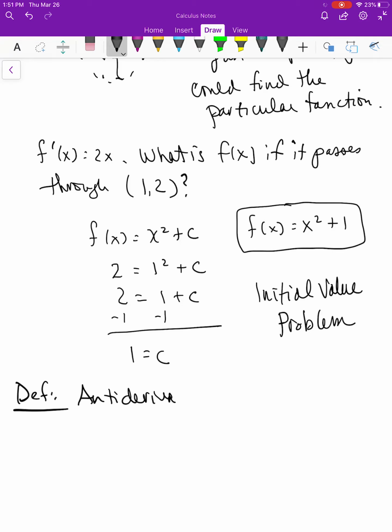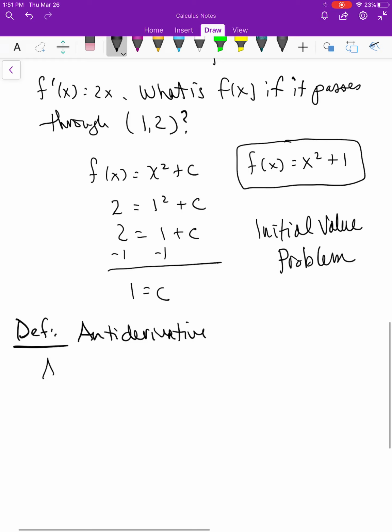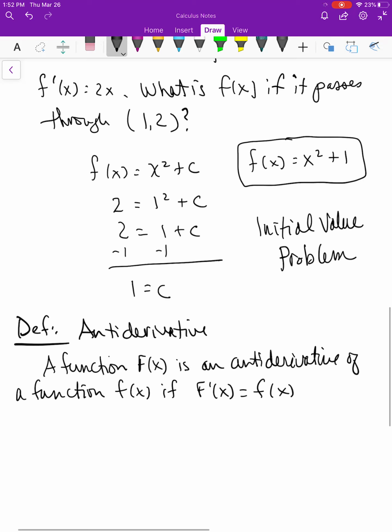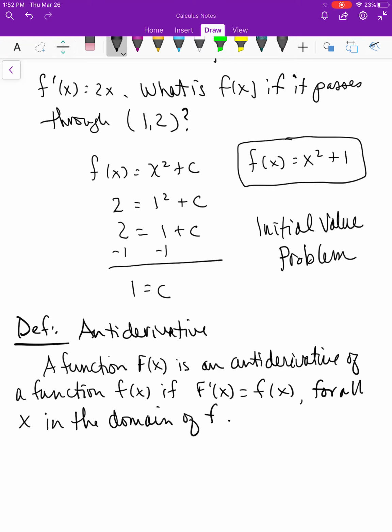Okay, so the definition of an antiderivative, according to your calculus book: a function, capital F of x, is an antiderivative of a function, lowercase f of x, if the derivative of capital F equals f of x for all x in the domain of f.